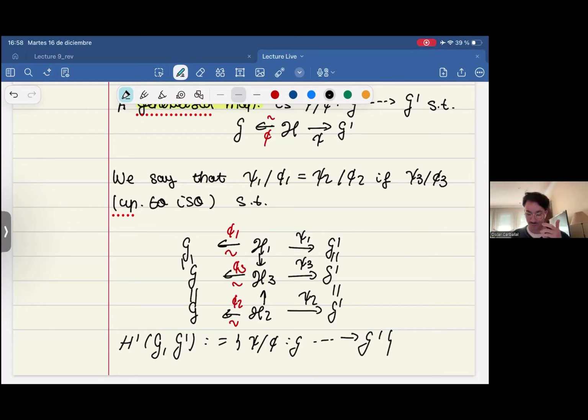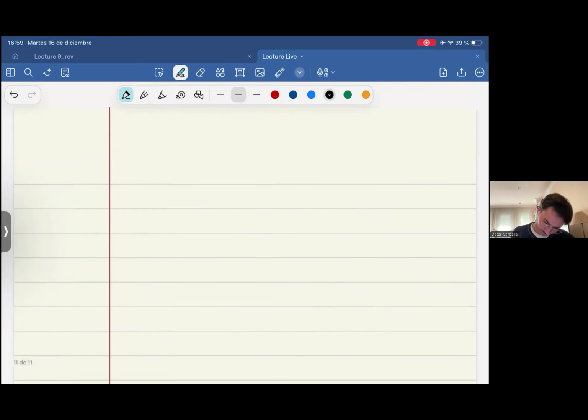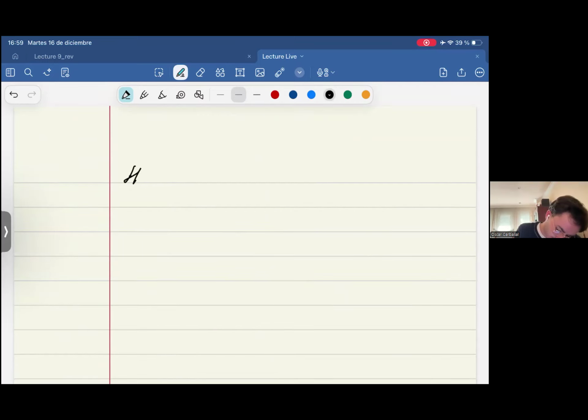And the point is that generalized maps can be composed using homotopy pullbacks, right? So this is the main point. Okay. So now this is the set of generalized maps, right?